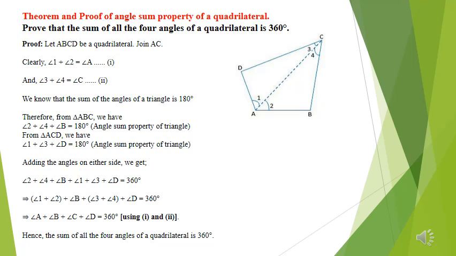After this addition, we see that angle 1 plus angle 2 is nothing but angle A. Similarly, angle 3 plus angle 4 is nothing but angle C. So after rearrangement, we can say angle A plus angle B plus angle C plus angle D is equal to 360 degrees, using equations number 1 and 2. Hence, the sum of all four interior angles of a quadrilateral is equal to 360 degrees.